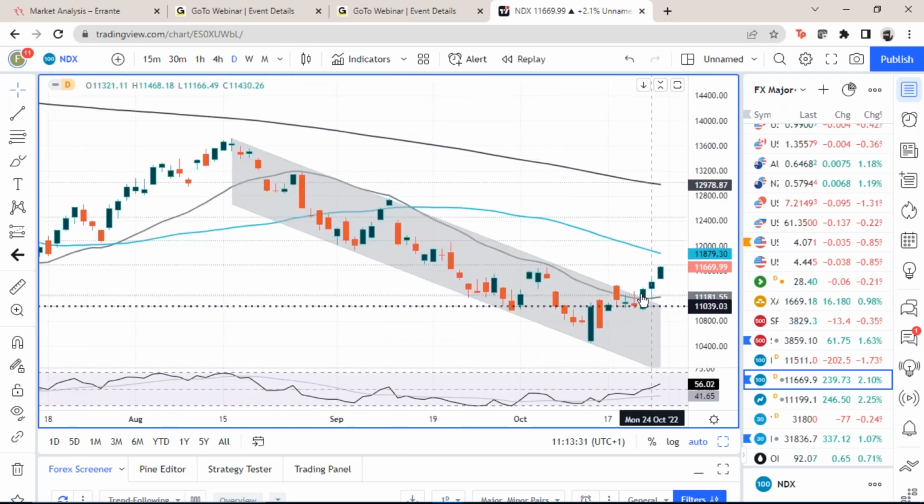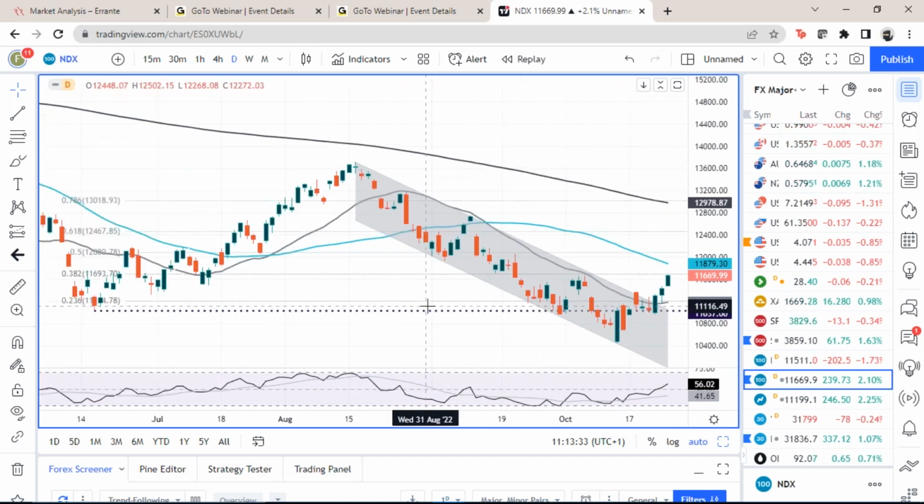We're pushing up to the next fib level, 11.693, and then the 50-day moving average at 11.879, the target for the bulls. The halfway point of this August to October fall is just above 12,000, so those are key levels for the bulls in the NASDAQ.